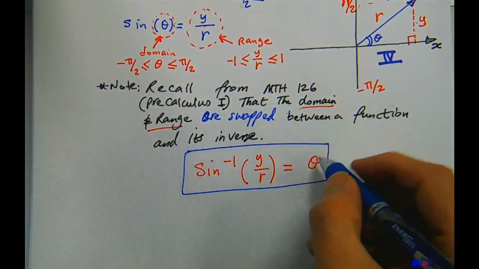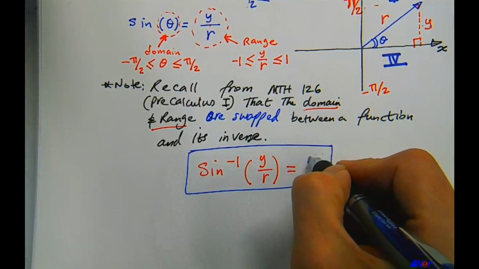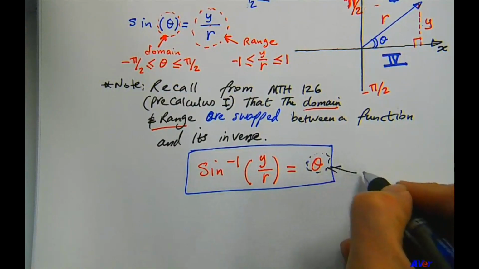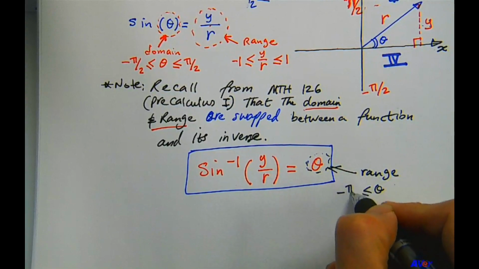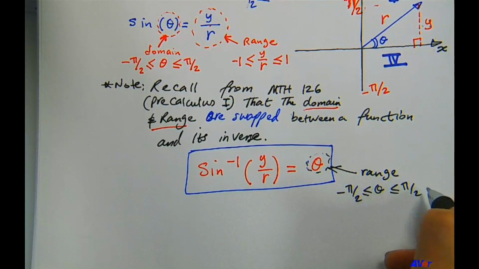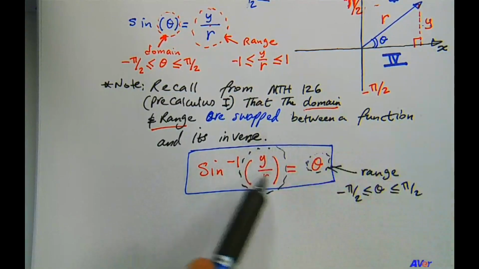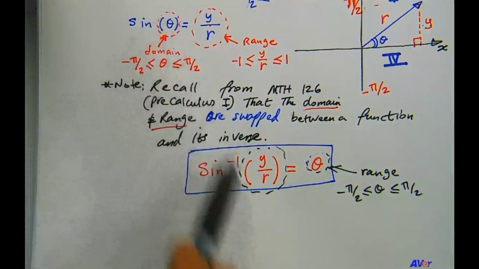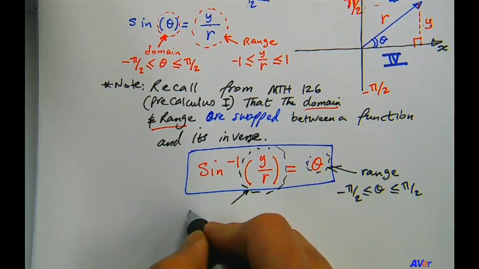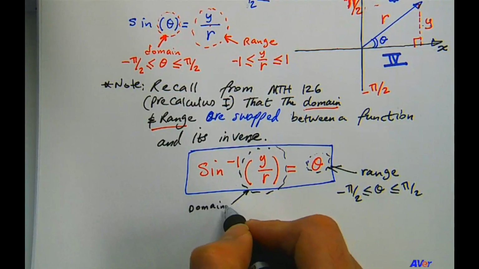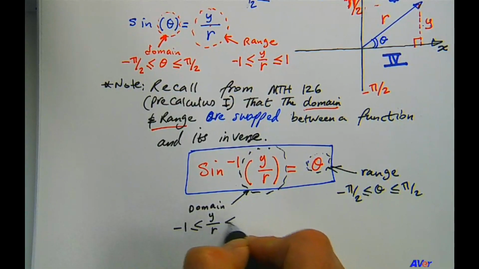So now this theta is going to be the range, which is between negative pi over 2 and pi over 2, and this y over r, I hope you're looking up and down between these two and comparing their domain and range with each other. And this will be the domain, so y over r is now ranging between -1 and 1.